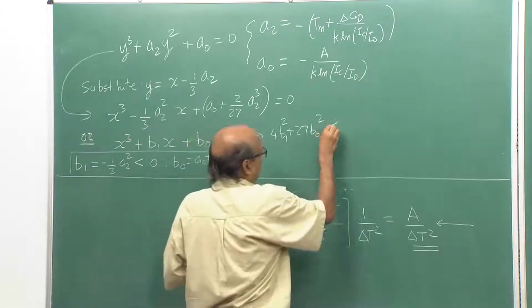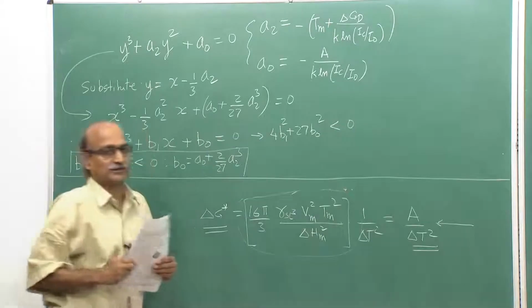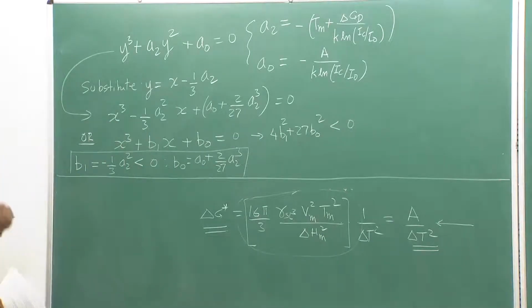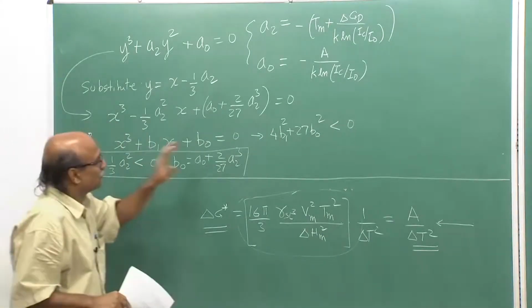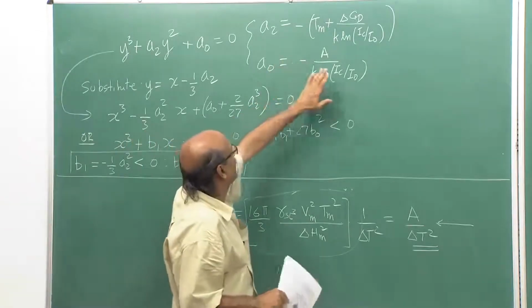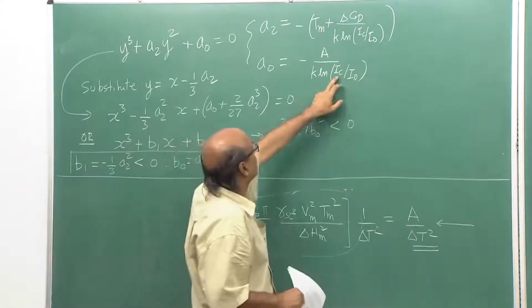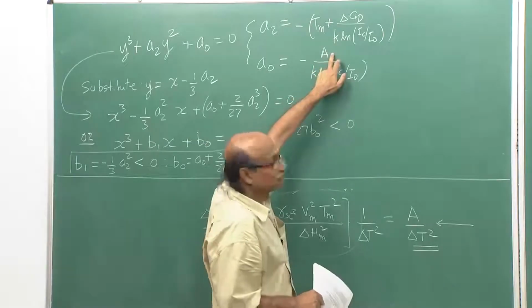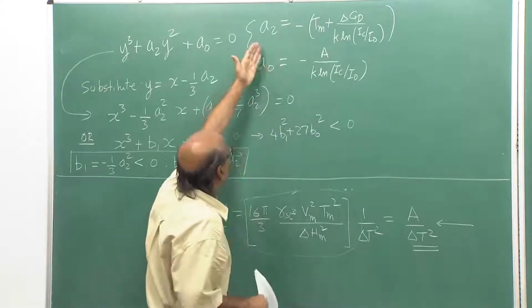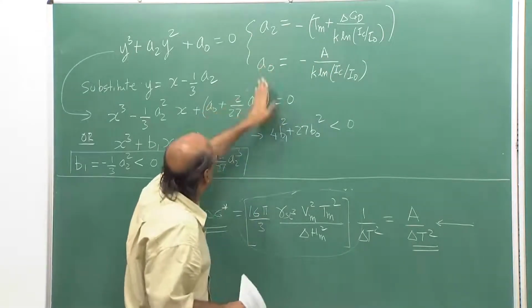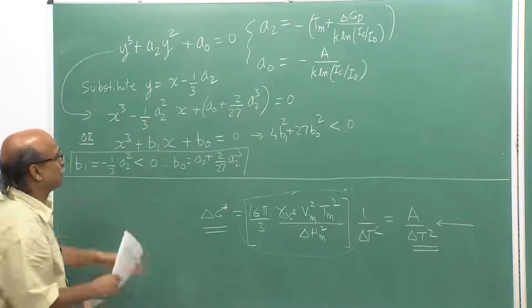If this quantity is less than 0, in fact for just about every system, whatever values we put for the critical cooling rate, the Boltzmann constant, whatever value we get for A and so on, from there you will get A2 and A0, and from here you will get B1 and B0.